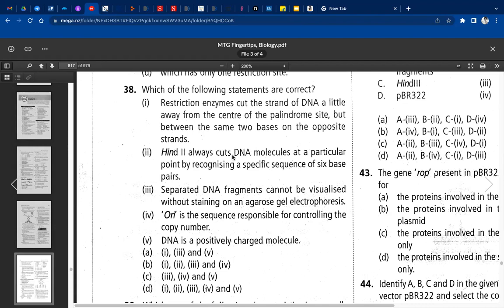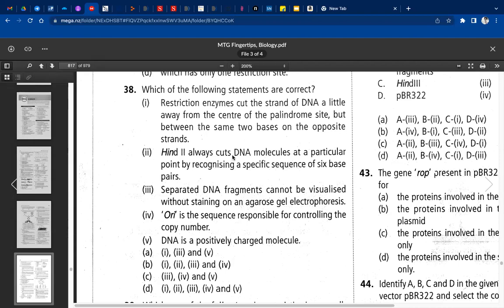First statement: restriction enzymes cut the strand of DNA a little away from the center of the palindromic site, but between the same two bases on the opposite strands. Second: HindII always cuts DNA molecules at a particular point by recognizing a specific sequence of 6 base pairs.